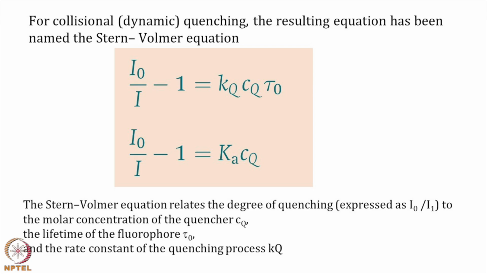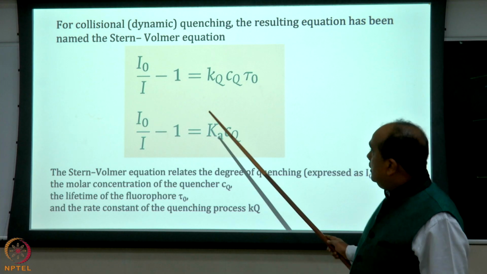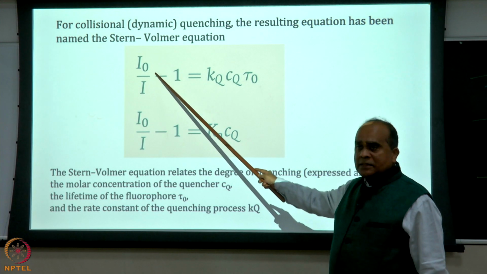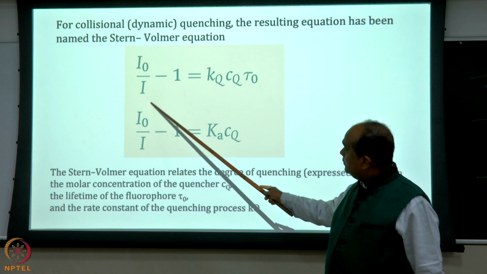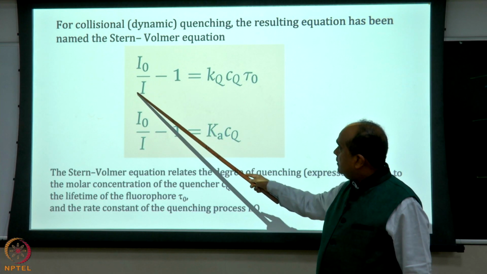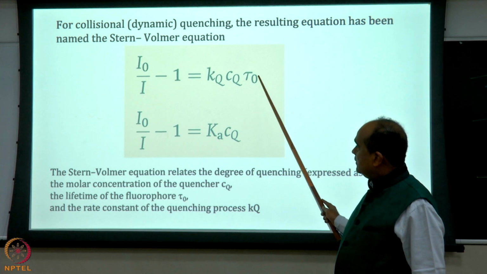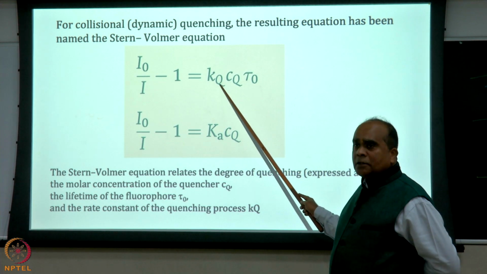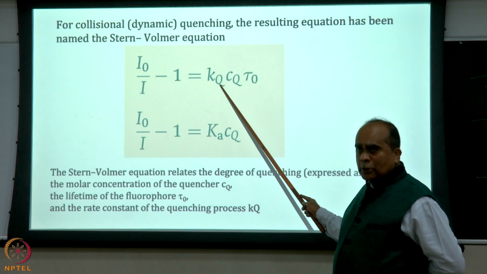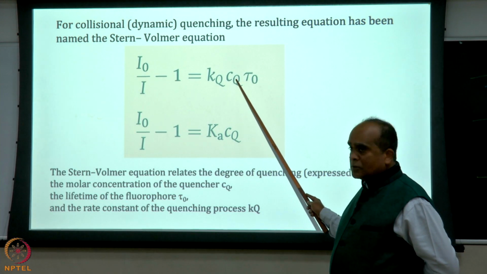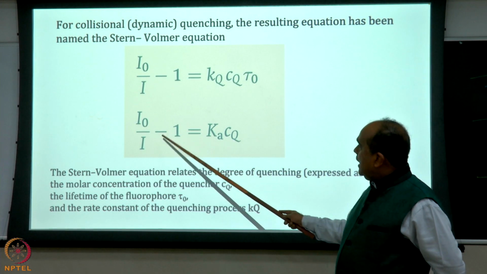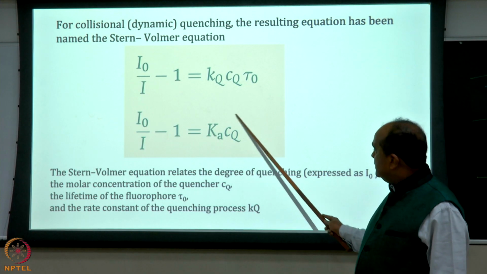So, these are the two kinds of quenching. Dynamic quenching, the collision process, results in an equation called the Stern-Volmer equation. It says I0 by I minus 1 equals kq [Q] tau0, where I0 is the incident light, the photons that come after fluorescence, kq is the quenching rate constant, [Q] is the concentration of the quencher, and tau0 is the lifetime. So, I0 by I is related to the concentration of the quencher.